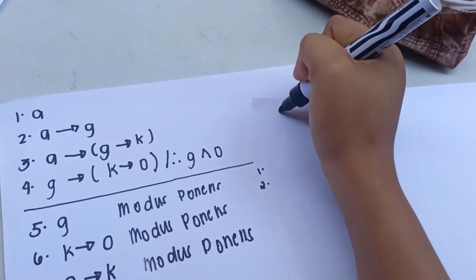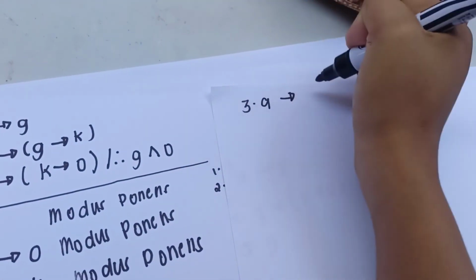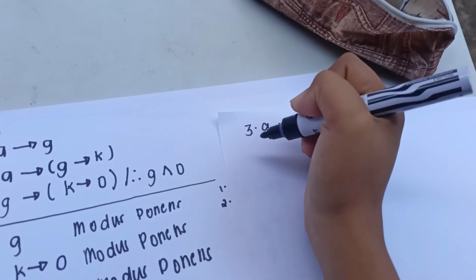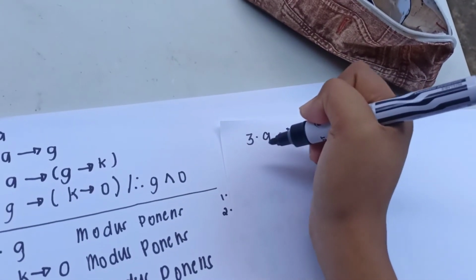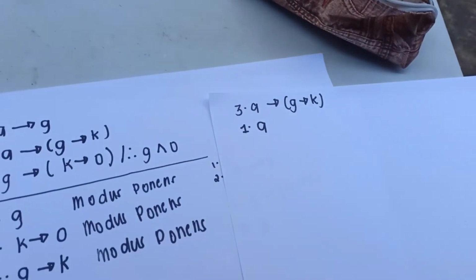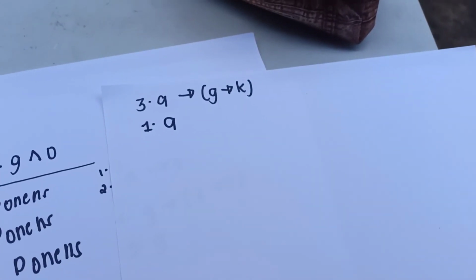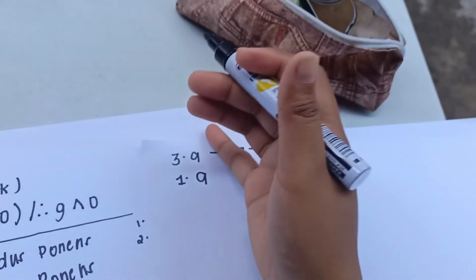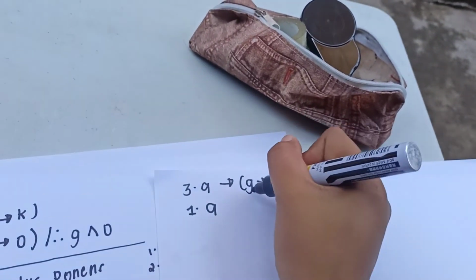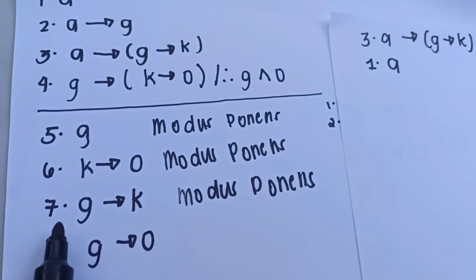Number 3 is A implies G implies K, and number 1 is A. So, same na naman sila. So, sa modus ponens, kung ano yung same is yung matatanggal at kung ano yung natira is yun na lang. So, G implies K. Kaya naging modus ponens yung number 7.